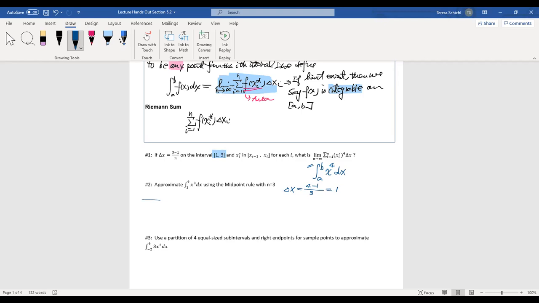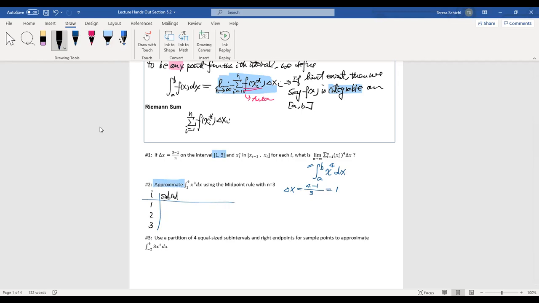Then we can use what we learned from the first video, because here they say approximate, so I'm just trying to find the sum of those rectangles. So I have 3 subintervals here.